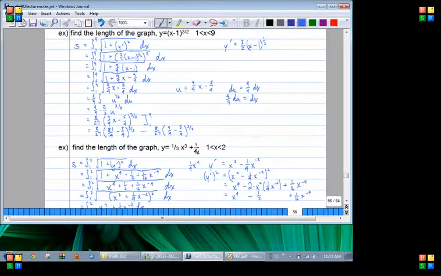Now the first one is a trick that we've seen before. We talked about this. When you're trying to integrate a radical with a linear expression of x in there, you should do a u sub. That's a trick that we've seen before.